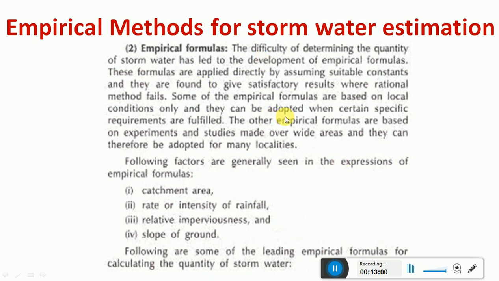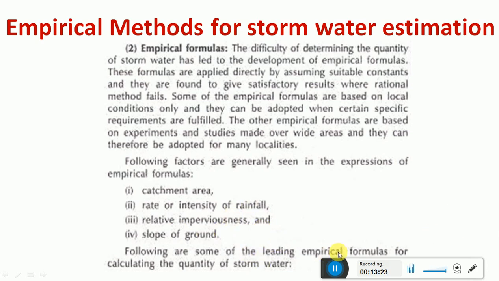Coming to the empirical formulas, various scientists have worked and got their own empirical relationships based on the areas of their work, and so it again depends on the catchment area, intensity of the rainfall, the relative imperviousness of the soil, and the slope of the ground.